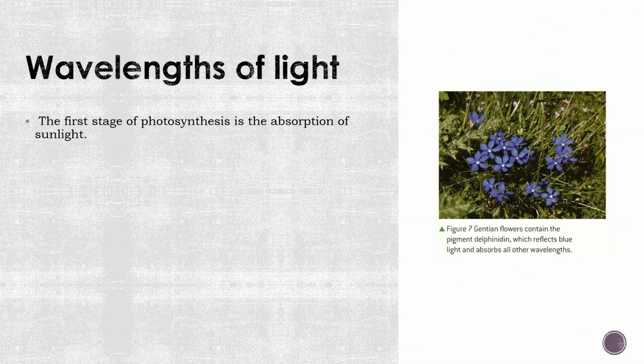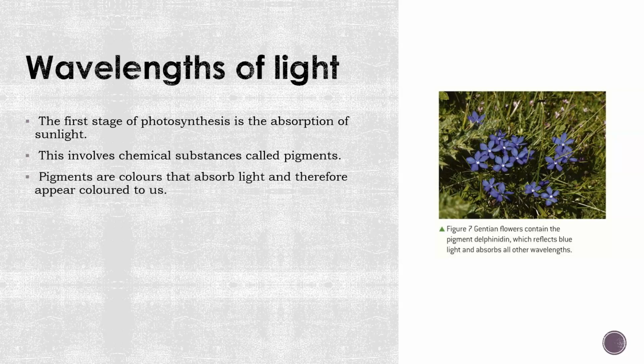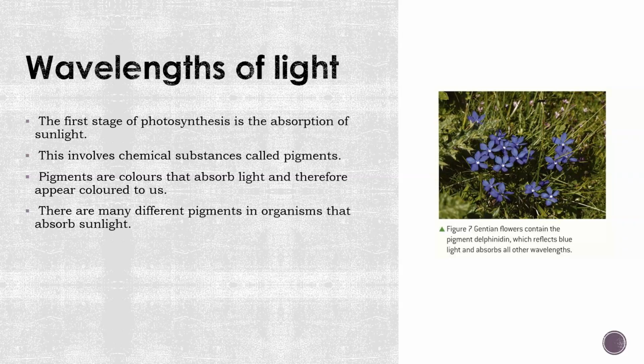The first stage of photosynthesis is the absorption of sunlight, and this involves chemical substances called pigments. Pigments are colours that absorb light, and therefore they appear coloured to us. There are many different pigments in organisms that absorb sunlight.